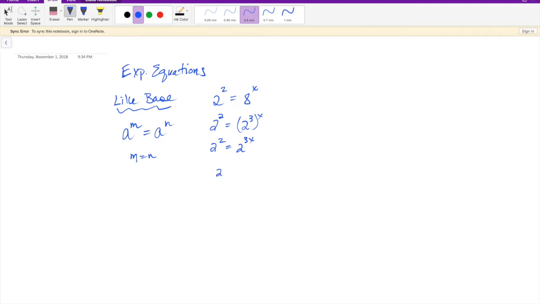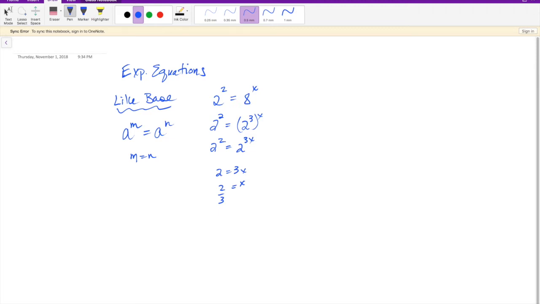And then you can just set the exponents equal to each other. So x would be equal to 2/3. Notice that the domain of an exponential function is all real numbers. So it's not that you can't check this or that it's not a good idea, but you don't have the possibility of that no solution situation.